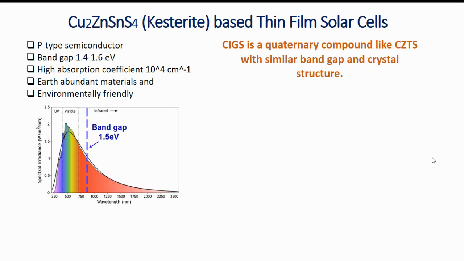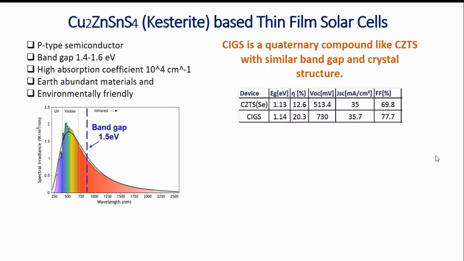When we are looking at the kesterite layer, we are taking our steps from an older and important type of absorber layer, copper-indium-gallium diselenide. They have a similar bandgap and crystal structure. However, if you look at the efficiencies of these two different solar cells, you see that there's a difference between their efficiencies.